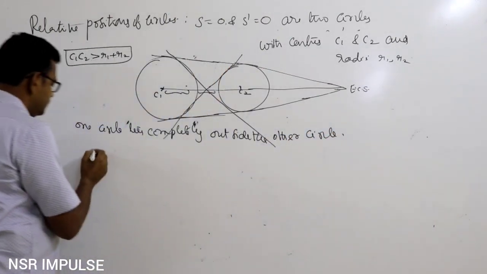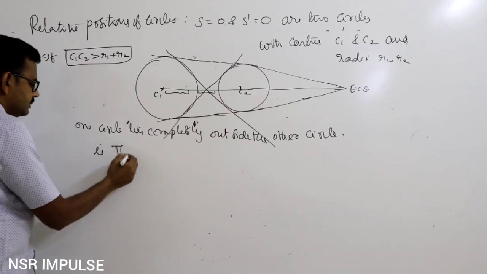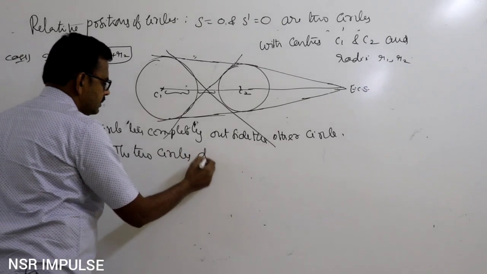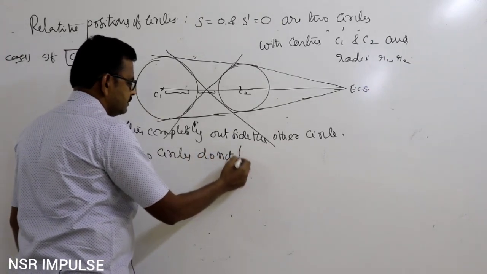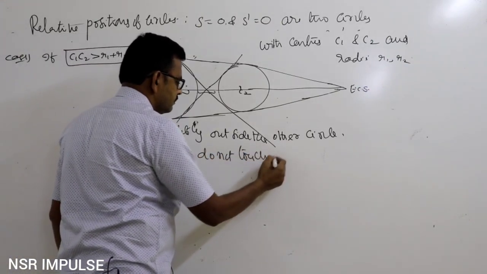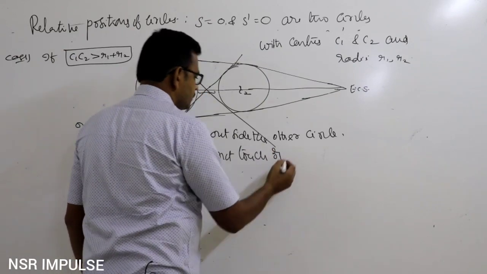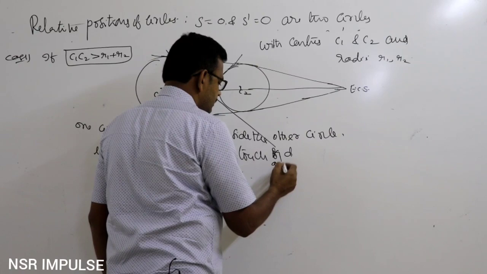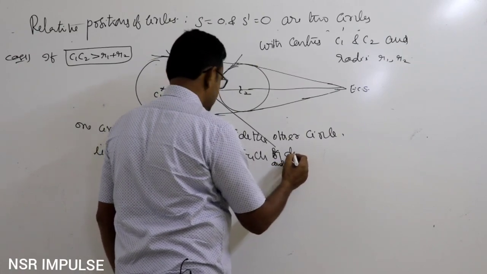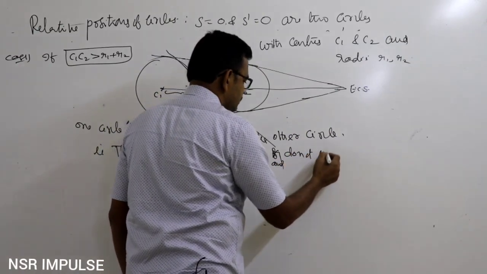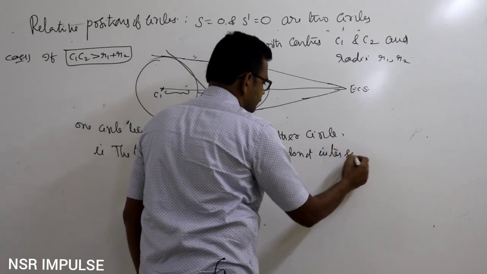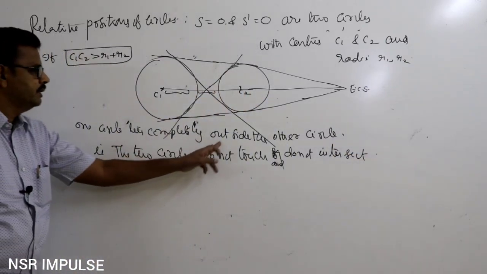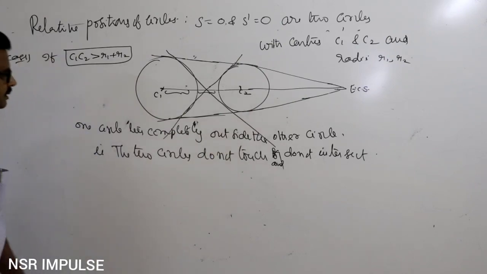The two circles do not touch or intersect. One circle lies completely outside the other circle.